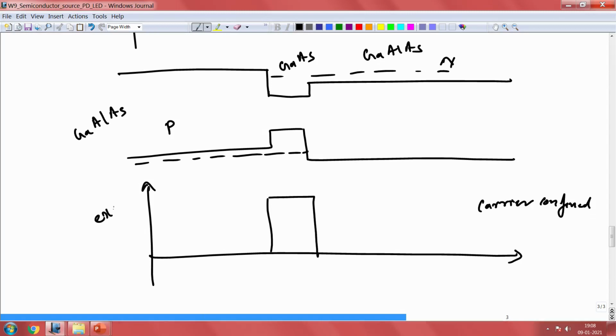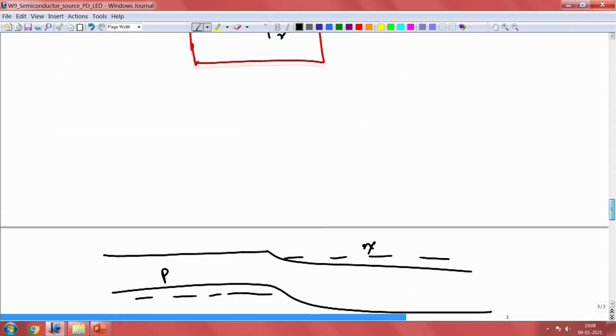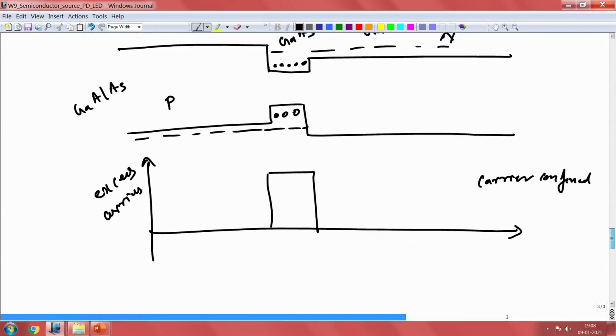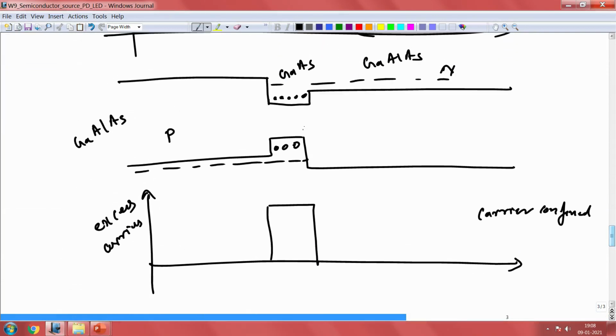So, this is excess carriers. So, in this particular region you can confine the carriers, and by confining the carriers we are increasing your delta n in this, and by increasing the delta n we could effectively generate photons out of this system, right.